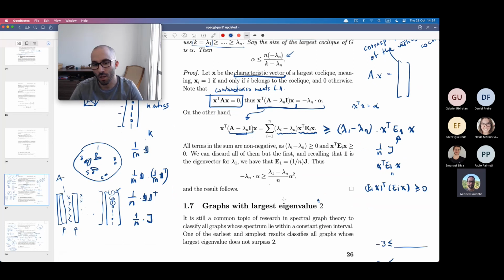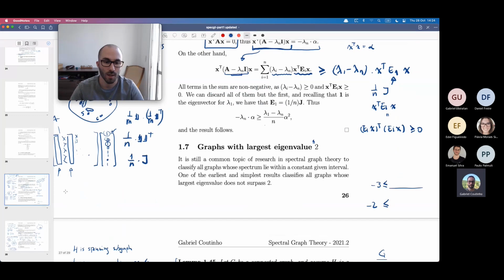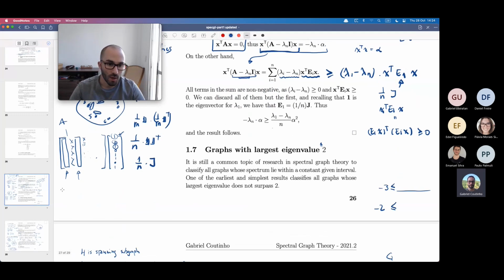And then it's not difficult for you to realize that if you have a vector of zeros and ones here, and then here the all ones matrix, and then here another vector of zeros and ones, the result is the number of ones in the block corresponding to these rows and the same columns.